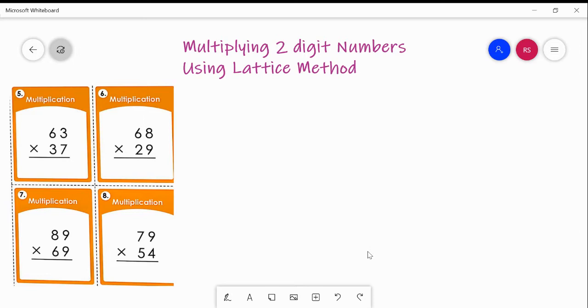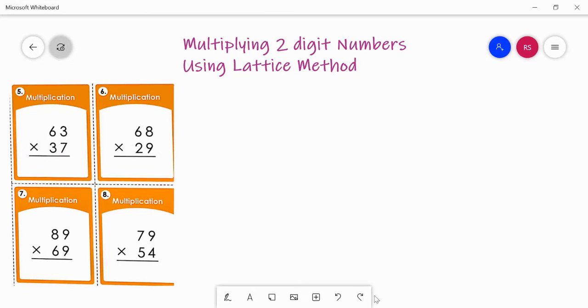We're talking about multiplying two-digit numbers using something we call the lattice method. When we talked first about multiplication, I told you guys that I would teach you two different ways because everybody learns differently. So it's important that we get to do things differently.